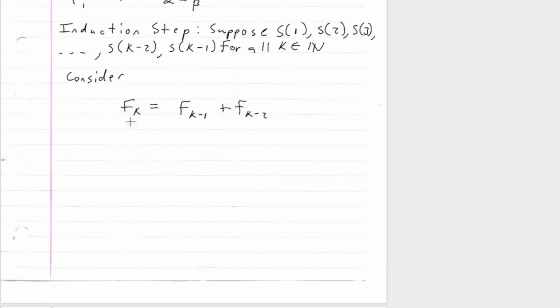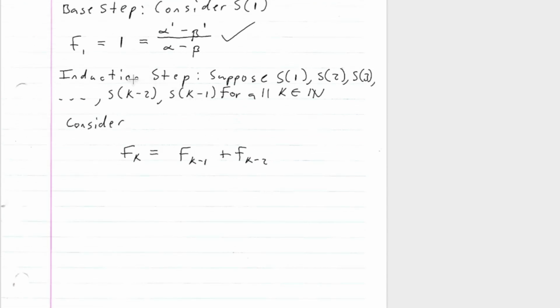We know the kth Fibonacci number is the Fibonacci number before k plus the Fibonacci number two entries before k, right? All right, so now remember, in our induction step, we suppose that all of the statements were true, including the statement involving k minus 2 and k minus 1.